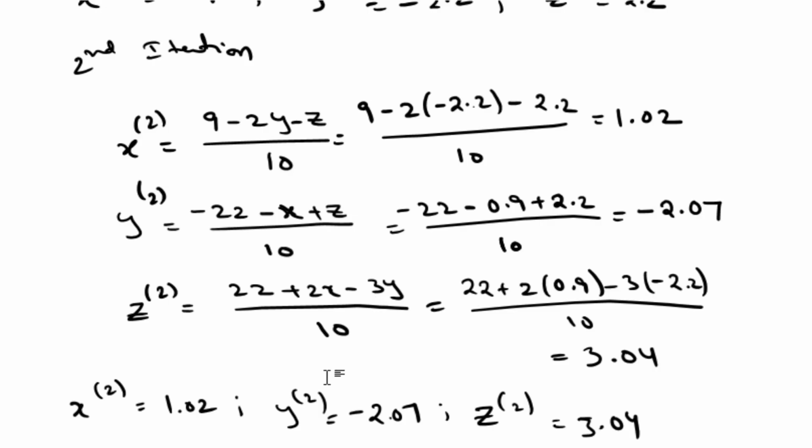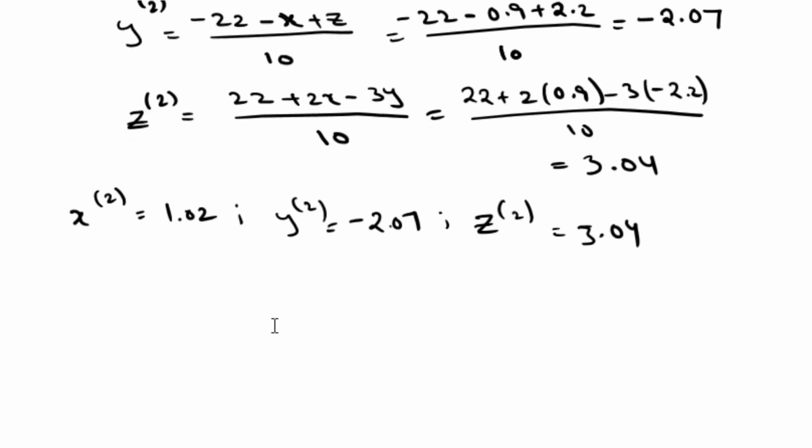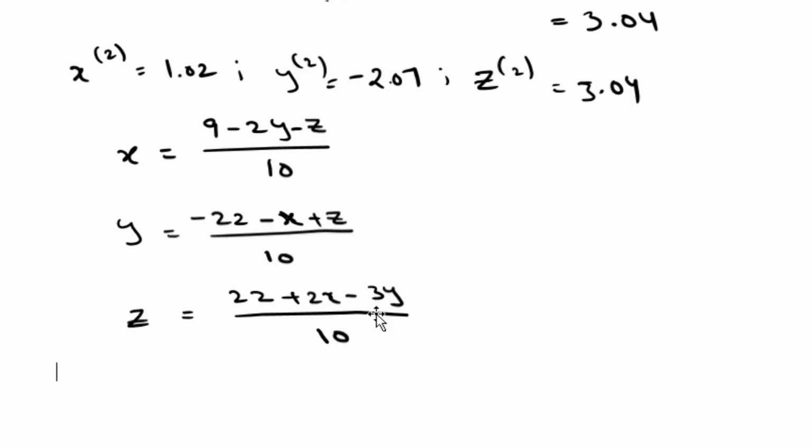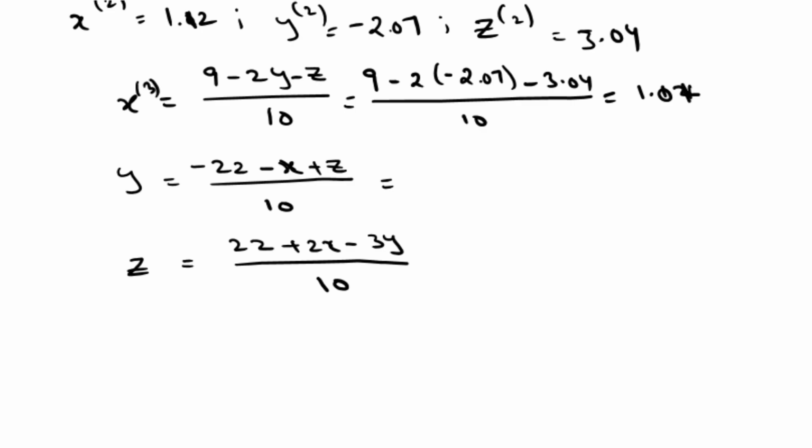Again we'll find out x, y, z for third iteration by substituting the values here. x is 9 minus 2 into minus 2.07 minus 3.04 by 10, and y is minus 22 minus 1.12 plus 3.04 by 10.